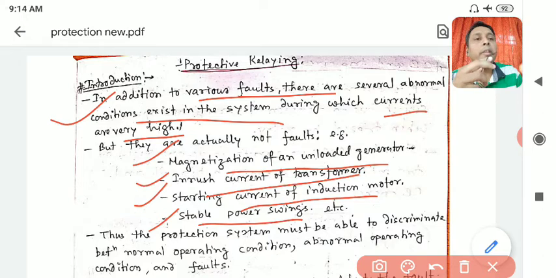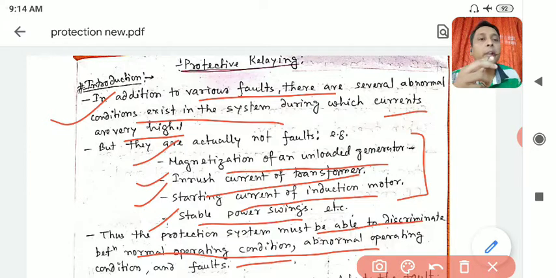During all these conditions, at least the first 3, your current becomes very high, so your protection system may treat it as a fault, which is not a fault. Your protection system must be able to discriminate between normal and abnormal operating conditions. In this case, generally the impedance matters.